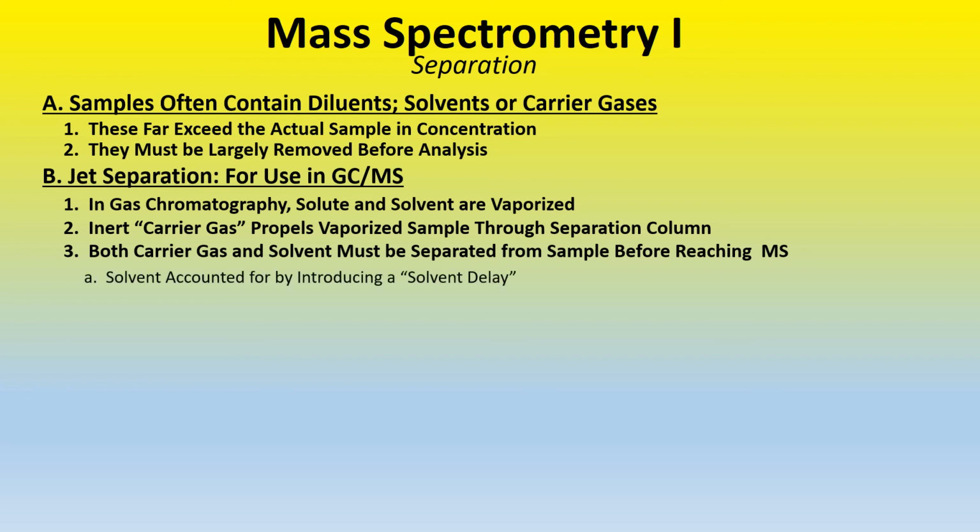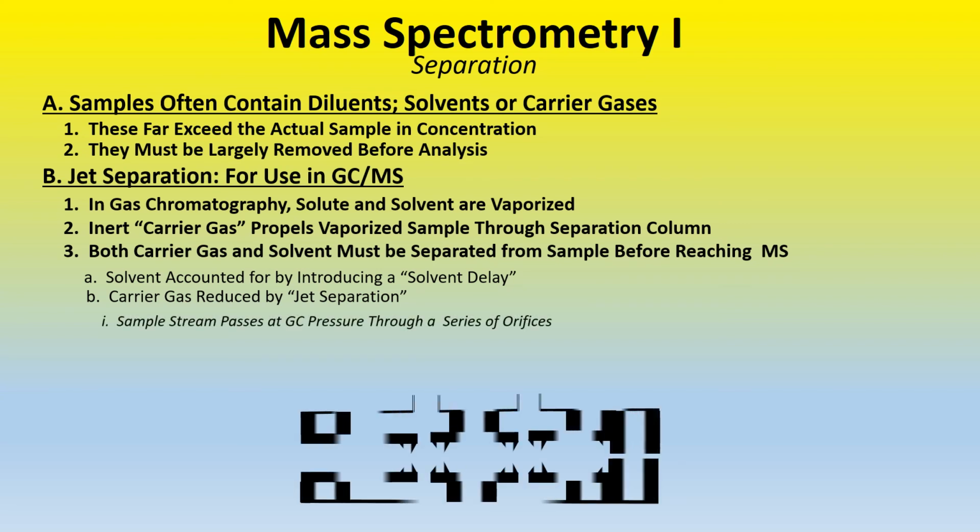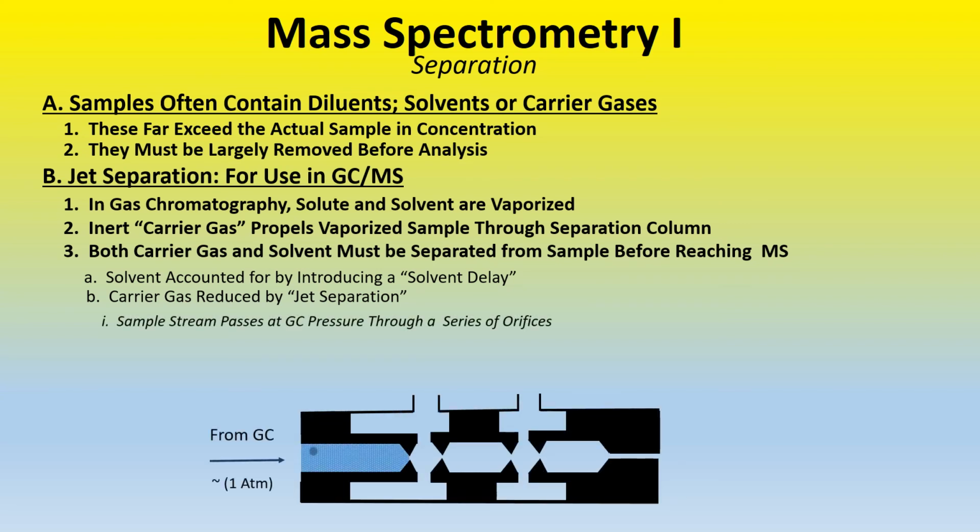The solvent is simpler. Very simply, what is called a solvent delay is introduced, meaning you give a minute or two before you turn the mass spec on for the solvent to pass through. The carrier gas, however, requires a more ingenious technique, and the amount of carrier gas is reduced by what is called jet separation. As the sample is going through the GC, it is under a pressure of carrier gas.